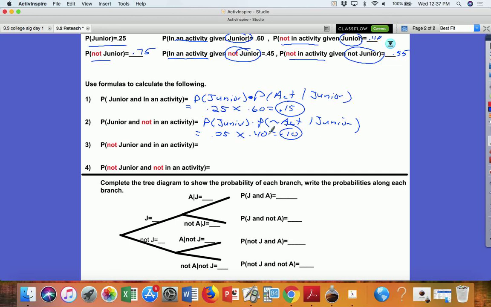Okay, you write out the formula for the next one and then calculate it. The number 3.